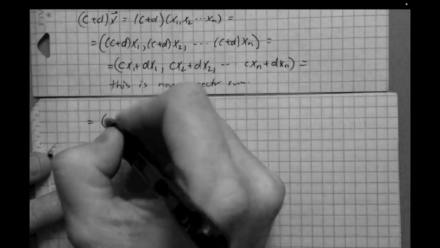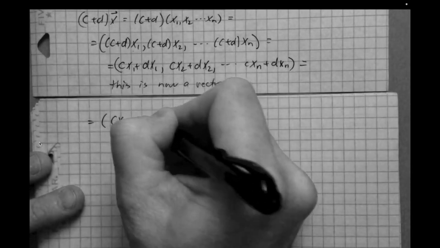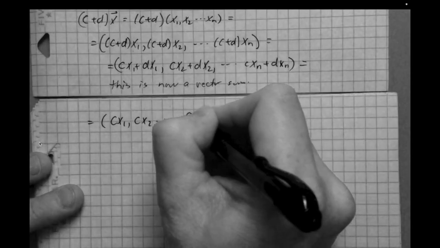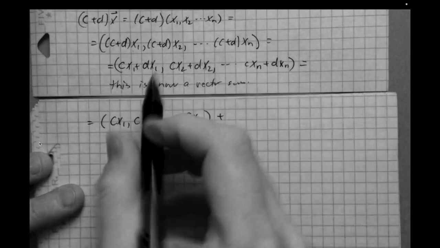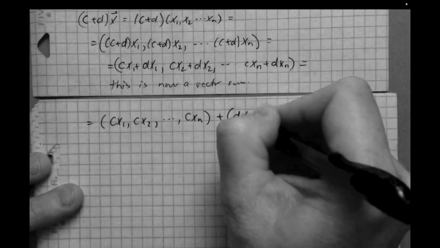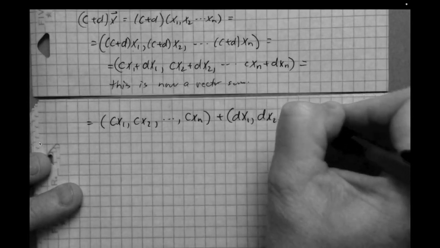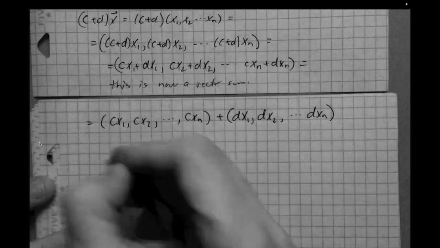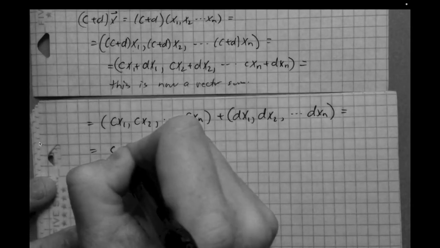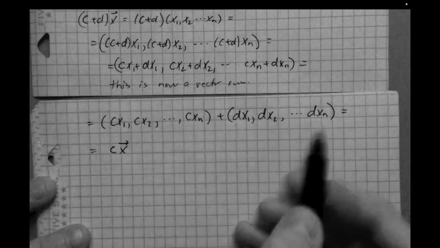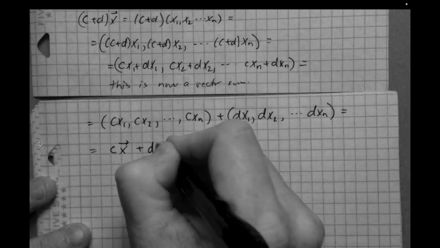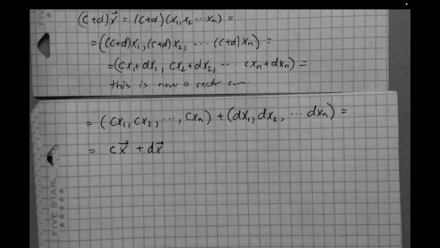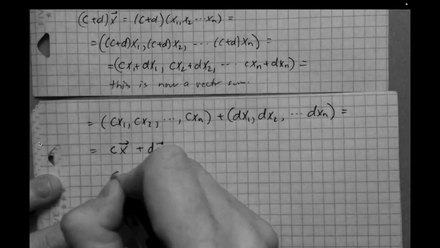Well, you've got this one here, which is cx1, cx2, dot, dot, dot, cxn, and then the other vector is the dx vector, dx1, dx2, dxn. And then this is just c times x, and this is d times x. Okay, and so that's exactly what we wanted to show.